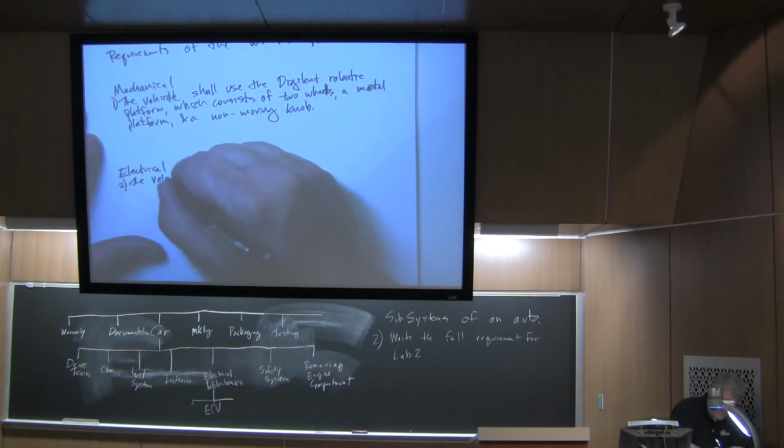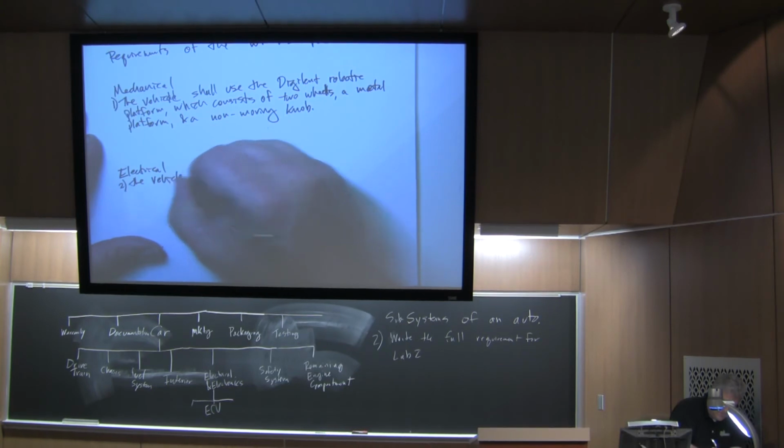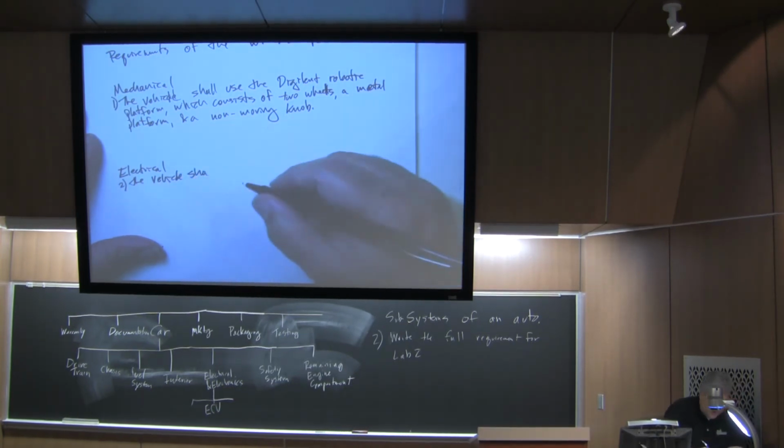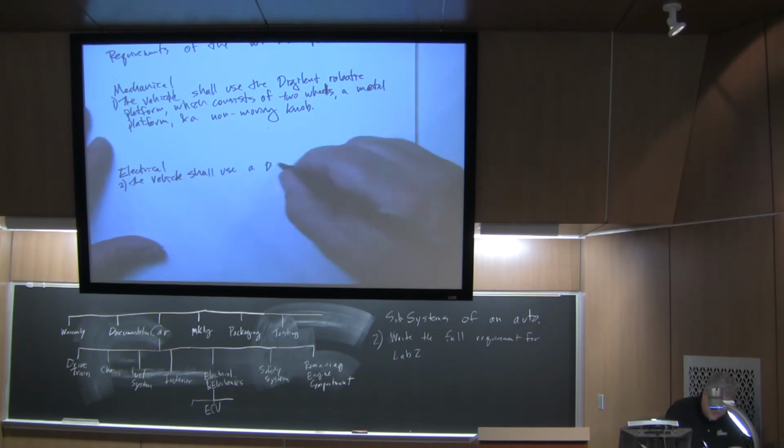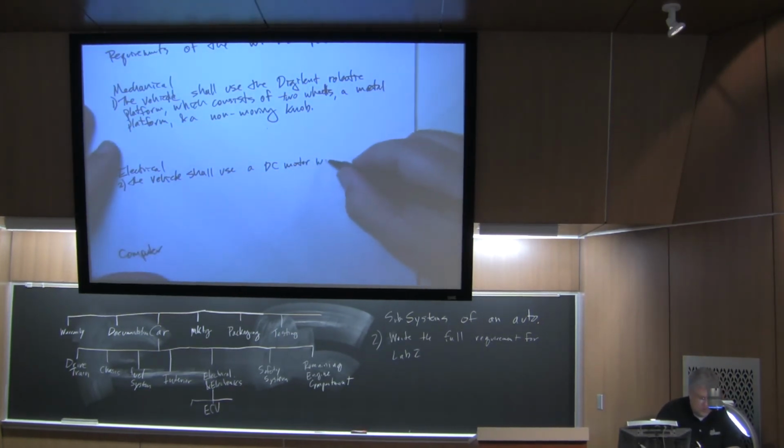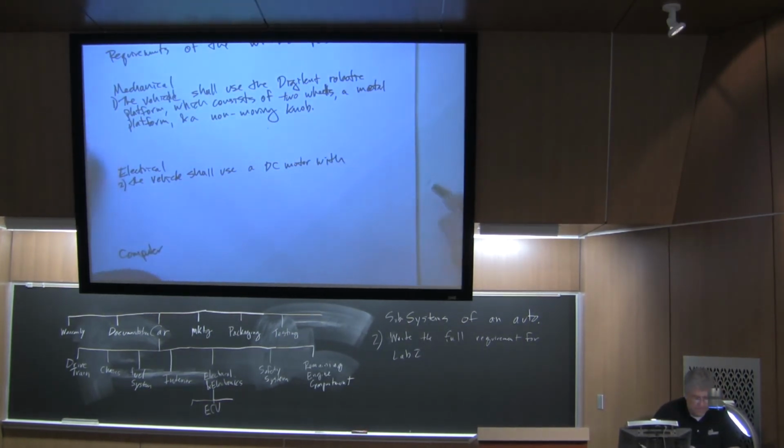The vehicle, did I spell that right? Yes. Shall use a DC motor. Two DC motors with 19-to-1 gearbox. So that makes it kind of sound a little bit electrical, right?